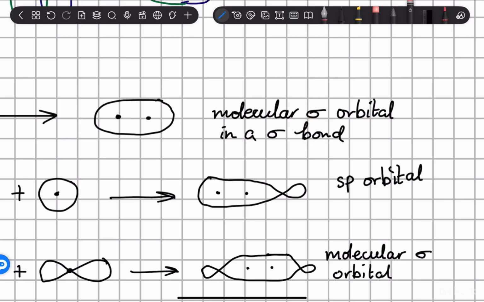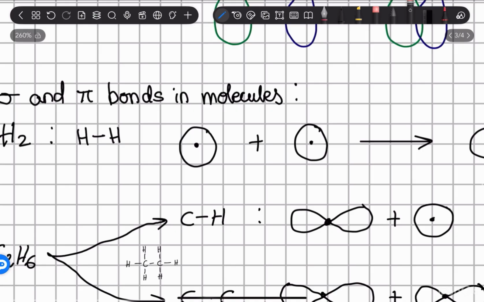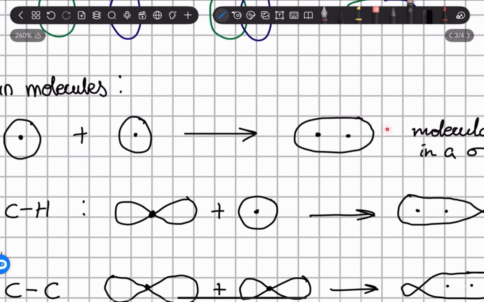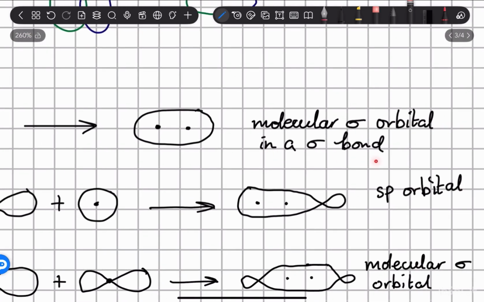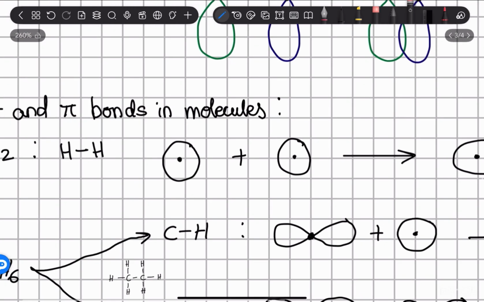It's a sigma orbital because it's a single bond. It's a single orbital, kind of. And it's the simplest orbital you can have because they're both s orbitals that you combine or fuse, in a sigma bond, which we've already seen here.